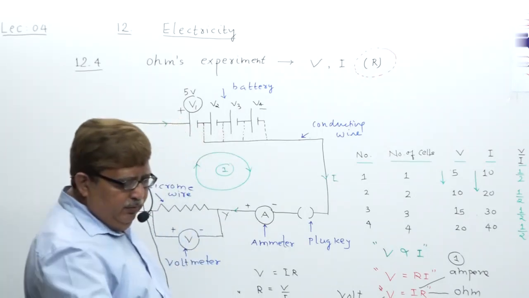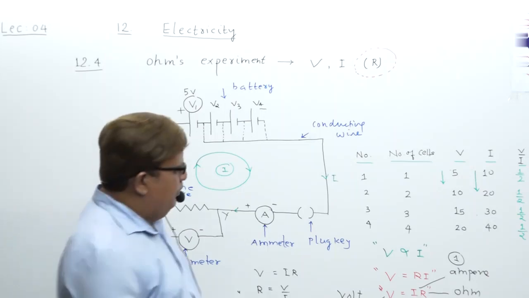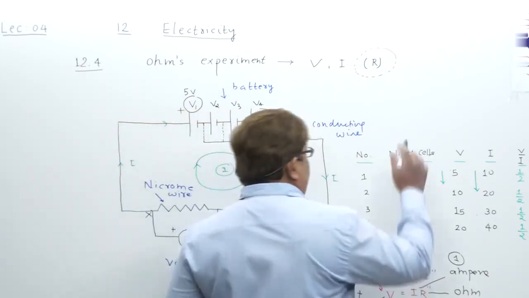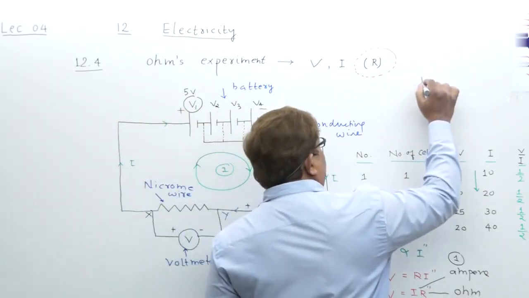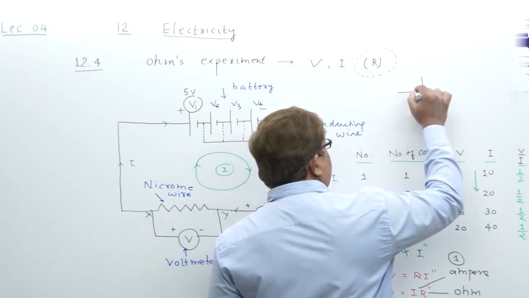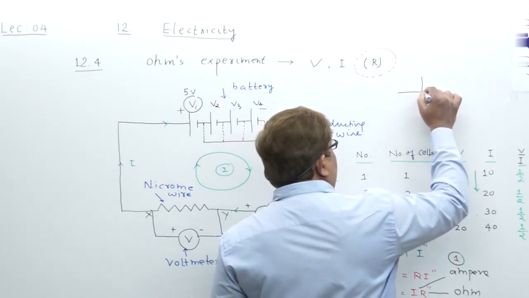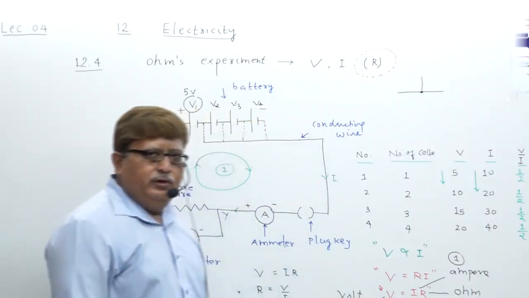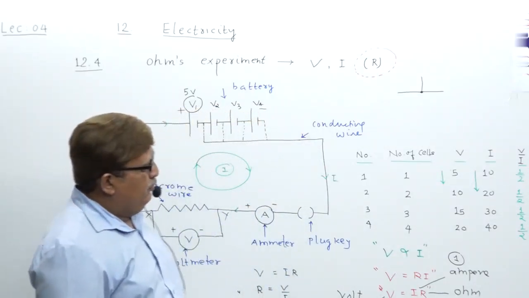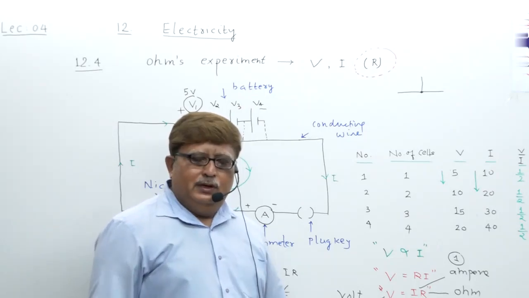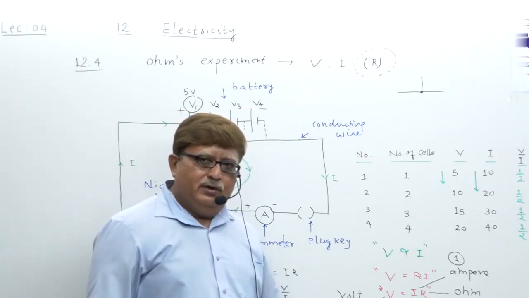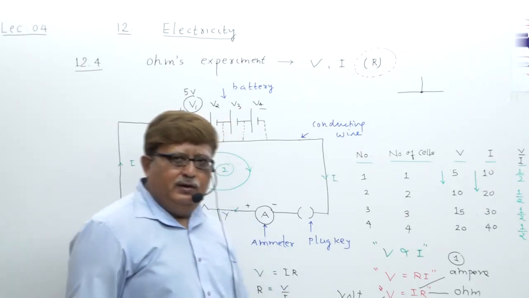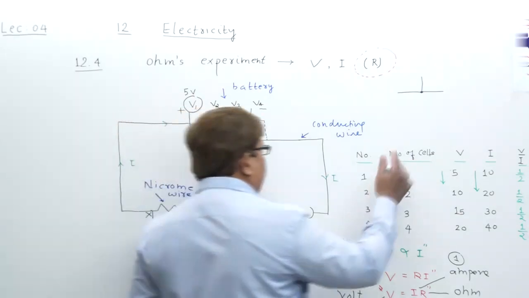Suppose, my dear student, I mention junction point. The junction point can be shown this way. This is called wire joint with junction point. All such symbols are given already in the textbook, and I do not need to spare a lecture for just drawing this.